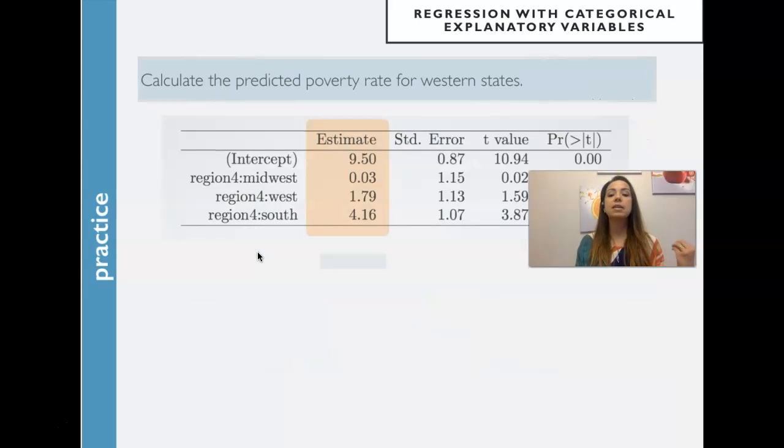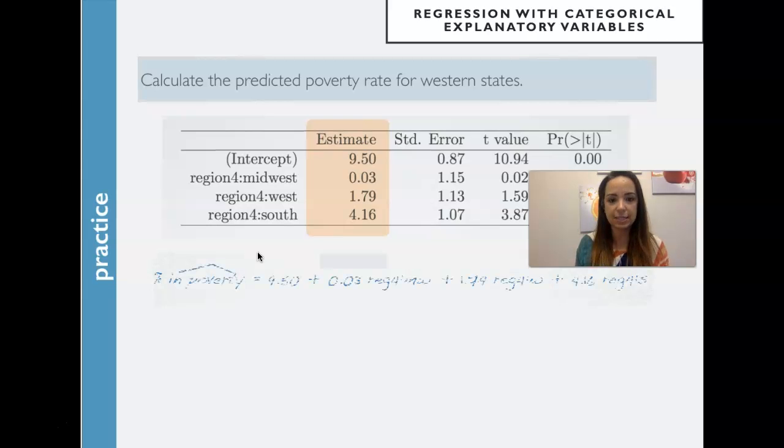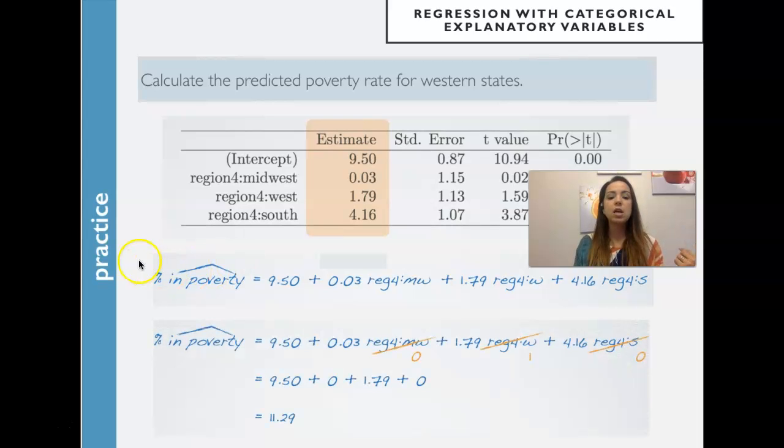All right, so let's calculate the predicted poverty rate for Western states. Like I just talked you through, let's actually do it. So we'll call this term 0 because if you're West, you can't be Northeast. You can't be Midwest. We'll call this 1.